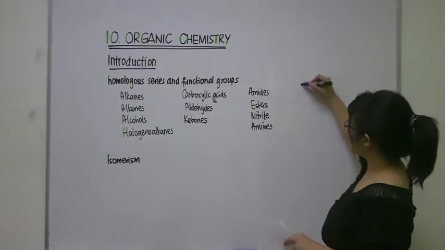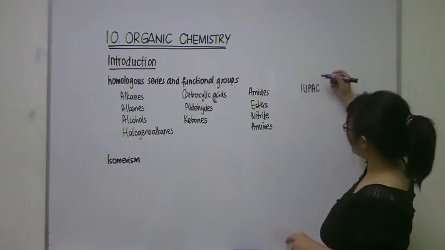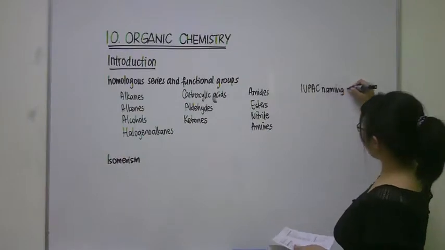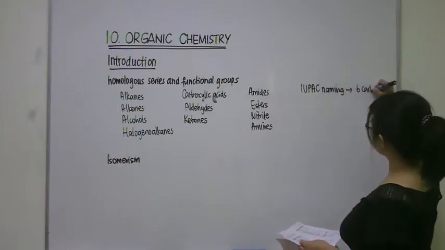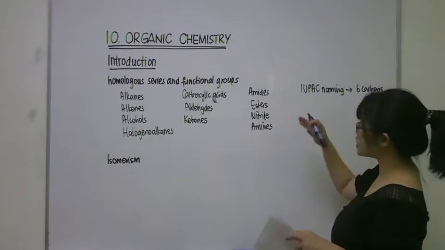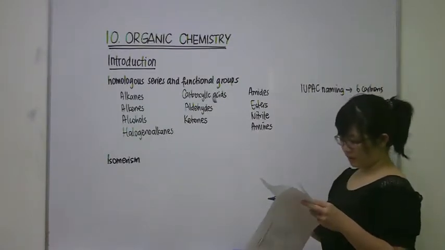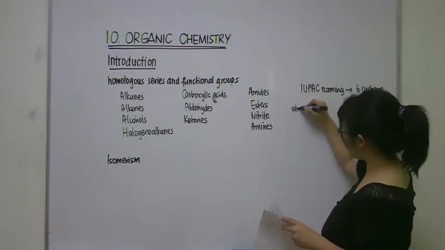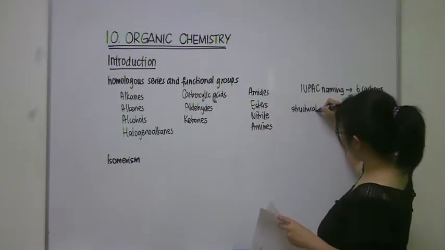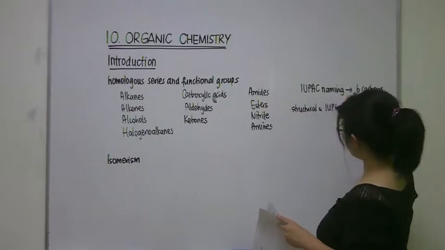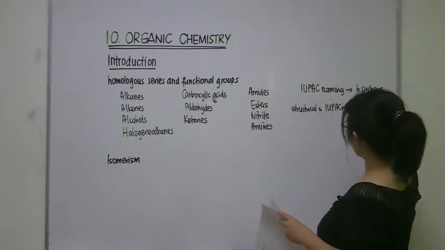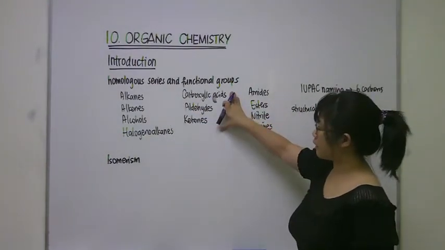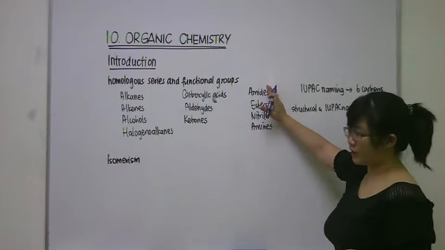They need to be able to apply or deduce the IUPAC naming for up to 6 carbons in a chain. So it's structural and IUPAC naming for all compounds containing all these functional groups. Up till here for standard level and up till here for higher level.